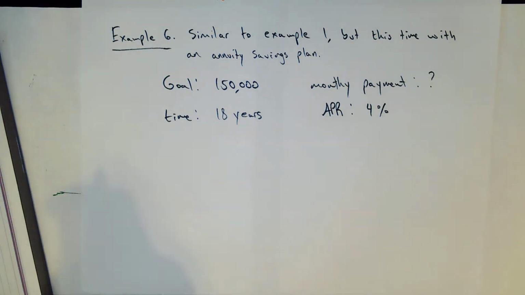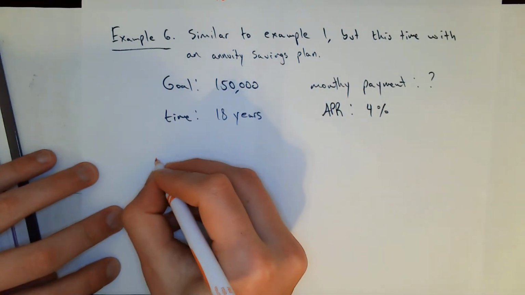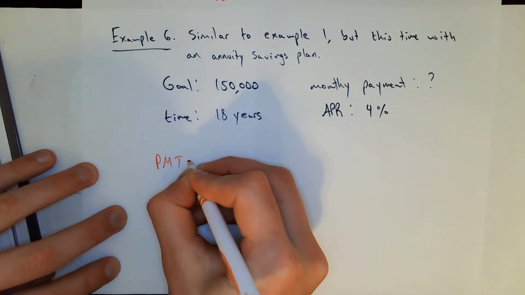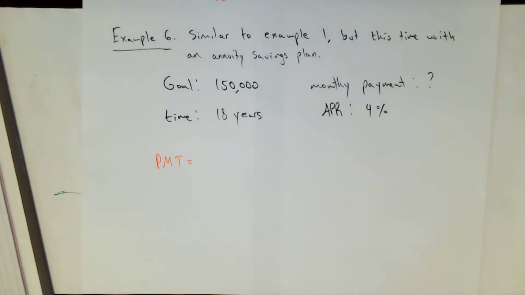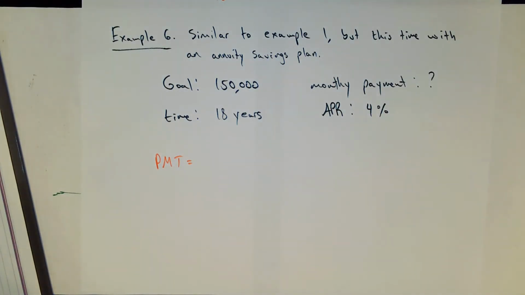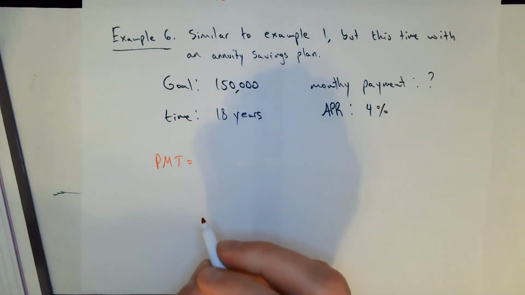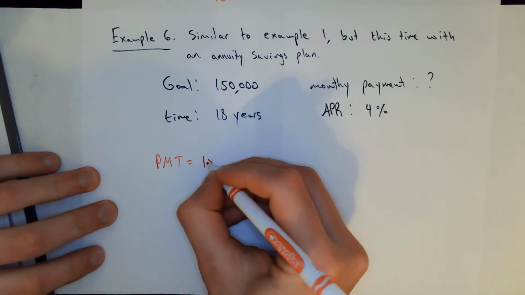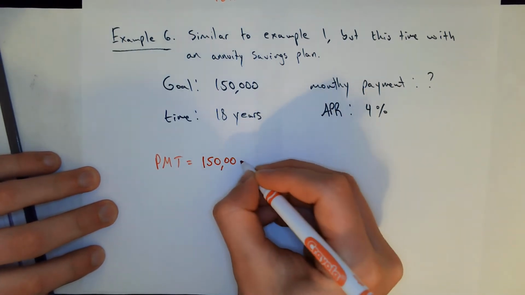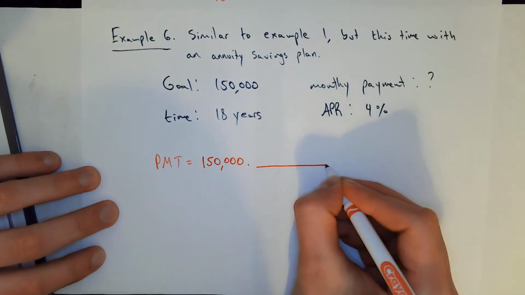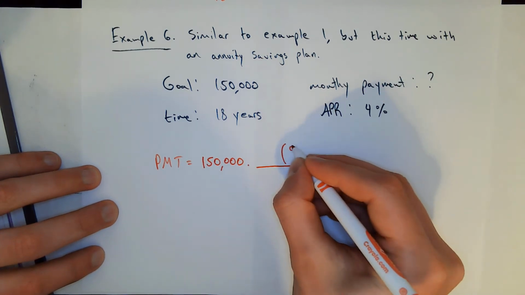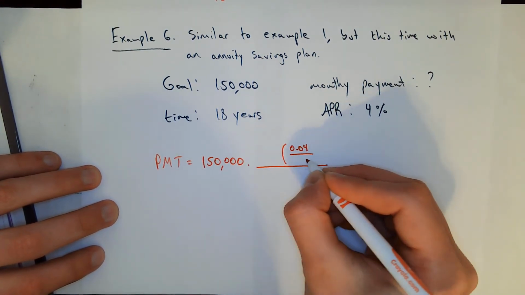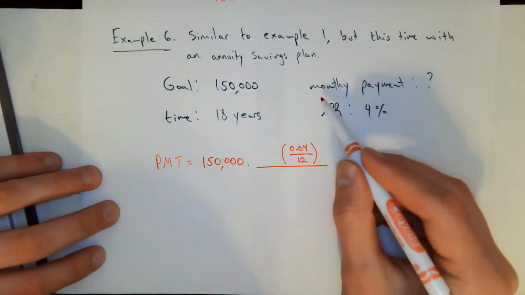Okay, so the formula says PMT, payment, is equal to the future value, so that goal, 150,000, times my rate, 0.04, divided by n, which is monthly, so 12.